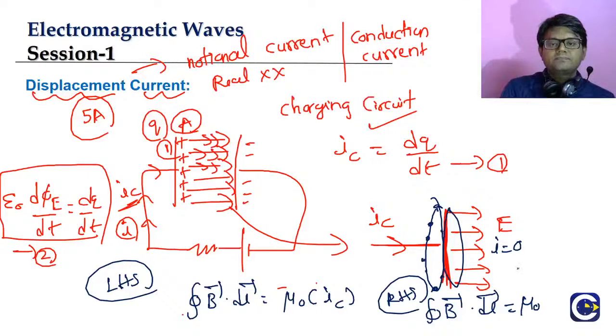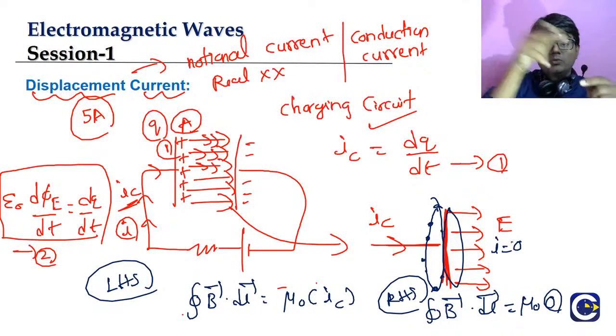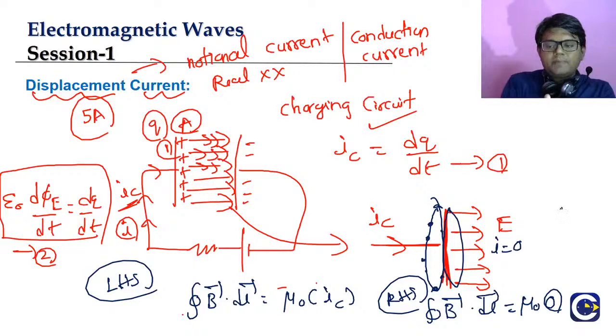There is no current, so we get mu naught into 0, because through the loop there is no current. In the region between the two capacitor plates, there is no current.